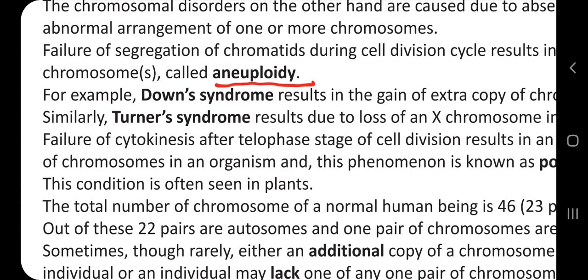What is aneuploidy? See, if you remember the ploidy word from our class 10th science, class 11th biology and the previous unit of class 12th biology, ploidy level indicates the sets of chromosomes in any cell. If any cell is haploid, then it will have one set of chromosomes.